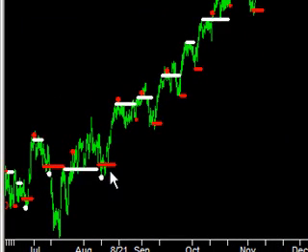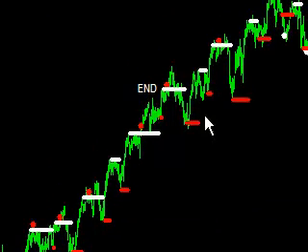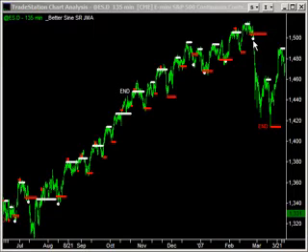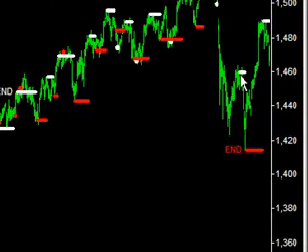But using the Hilbert sine wave, you could see that each of these pullbacks in the trend, these low points here, were consistently picked off by the Hilbert sine wave, with the red support lines all the way up. Then we finally had a break in the trend at the end, that was February of '07, and then we had a pullback in trend and a completion move here with the end text there, and then the market reversed and went the other way.